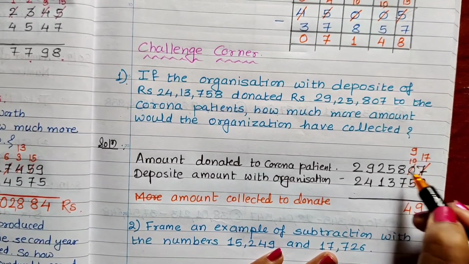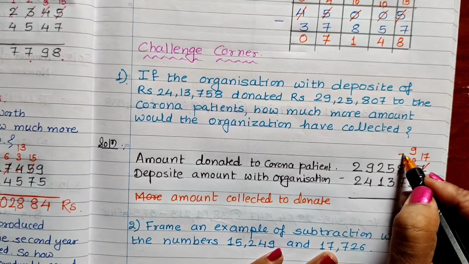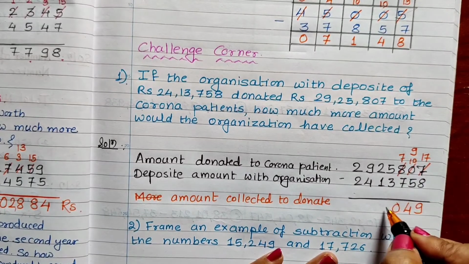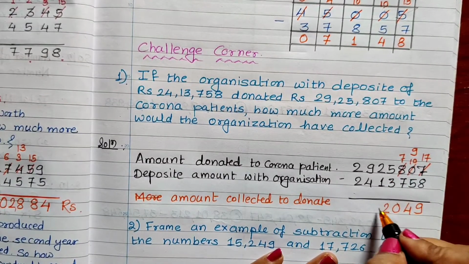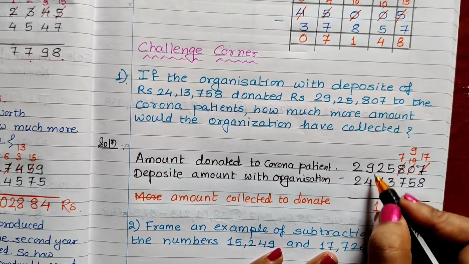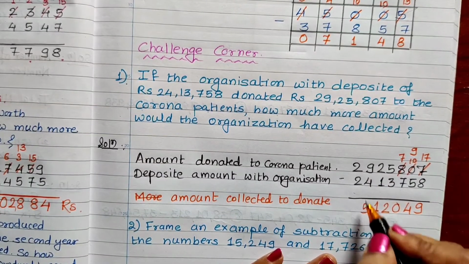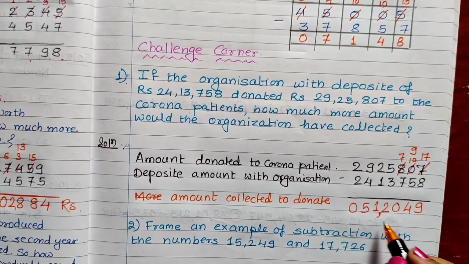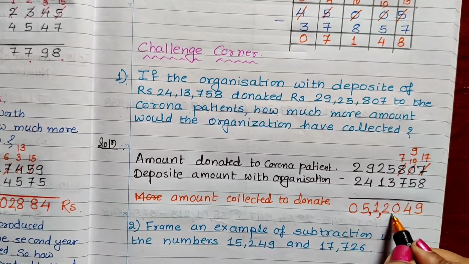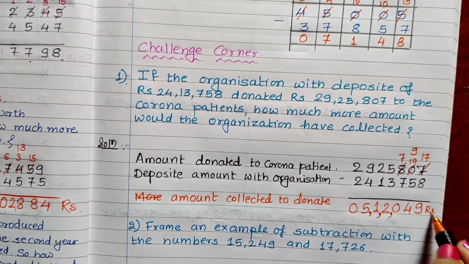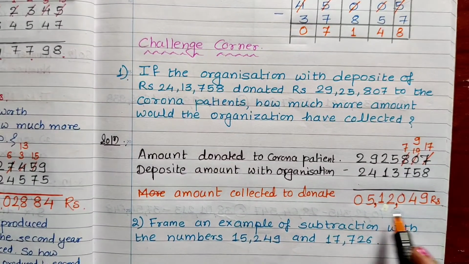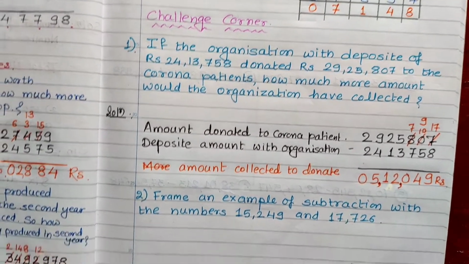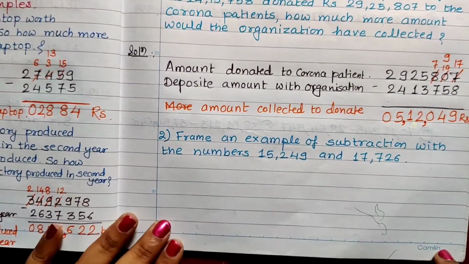Now for this 10 we have borrowed from 8. 8 becomes 7. 7 minus 7 is 0. 5 minus 3 can be done, which is 2. 2 minus 1 can be done, which is 1. 9 minus 4 can be done, which is 5. And 2 minus 2 is 0. So they have collected 5,12,049 rupees. Make the commas carefully. It is 5,12,049 rupees.